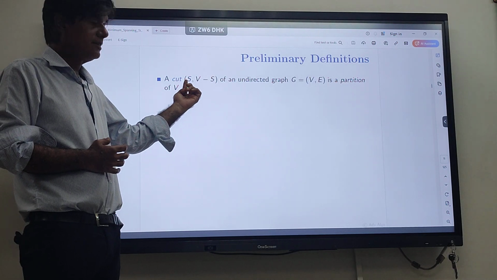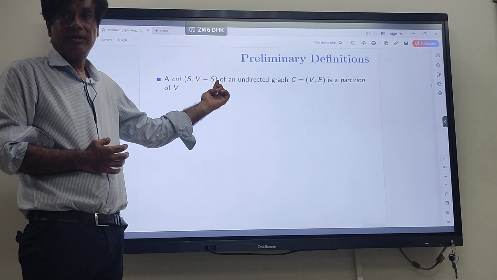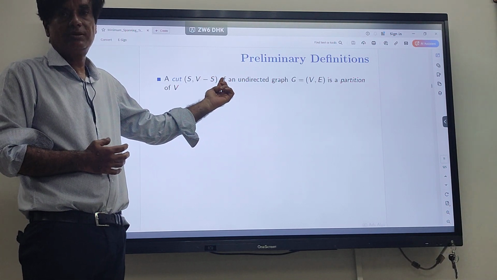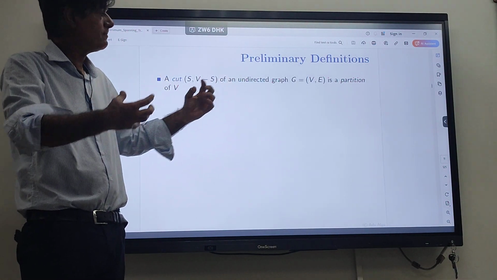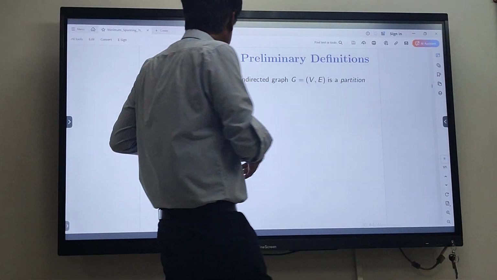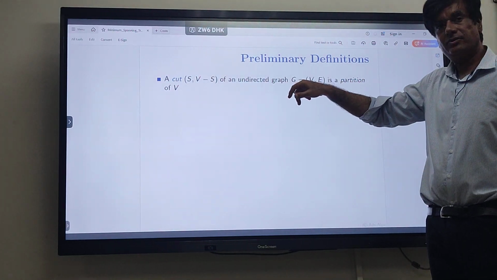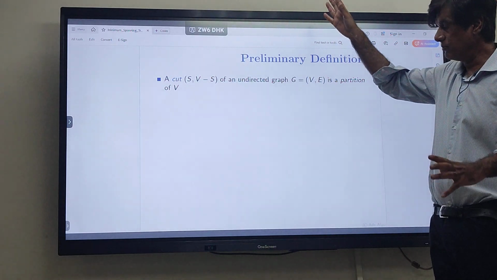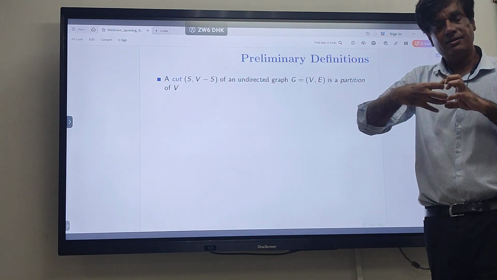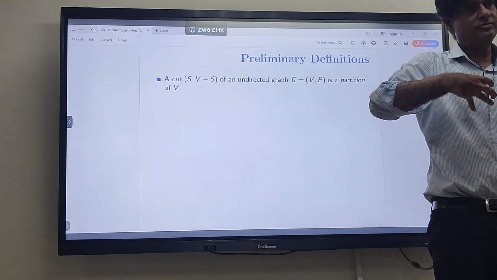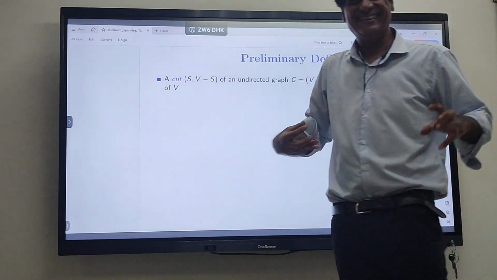One is the set S and one is V minus S, all the vertices except those in S. Okay? So a cut of an undirected graph is a partition. So it creates a partition, just like the partition of, I would say, North and South Korea.